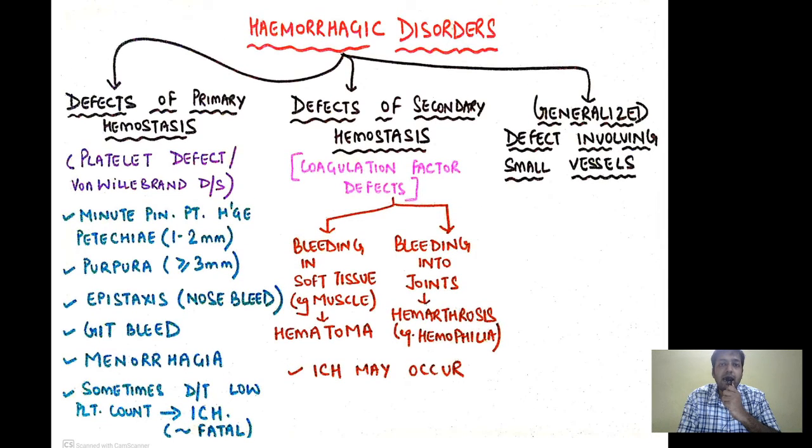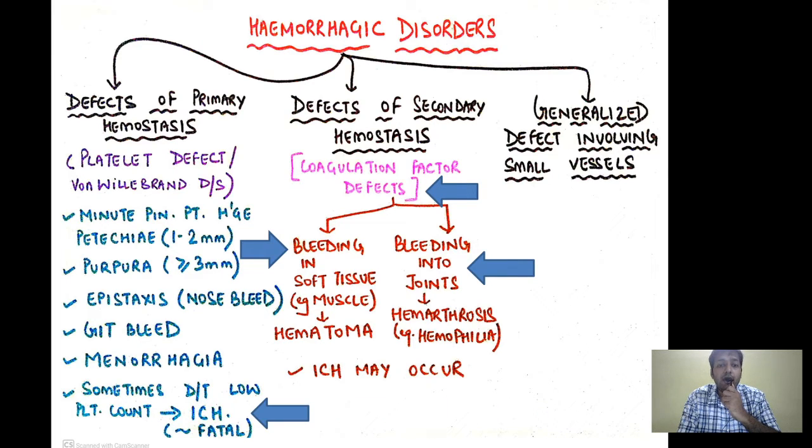Now, secondly, we are having defects of the secondary hemostasis. Now, as you already know that the major role in secondary hemostasis is of coagulation factor. So, all coagulation factor defects will result in disorders of secondary hemostasis. Now, in such cases, bleeding either occurs into the joints, which is called as hemarthrosis, and it is typically seen in hemophilia, or bleeding can occur into soft tissue, for example the muscle, and such localized bleeding into soft tissue is called as a hematoma.